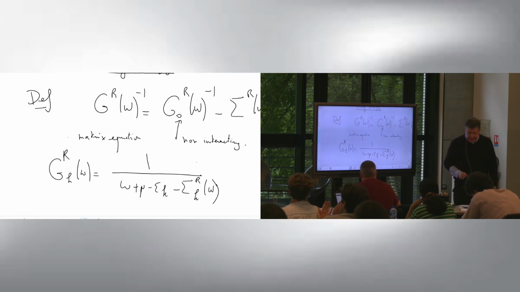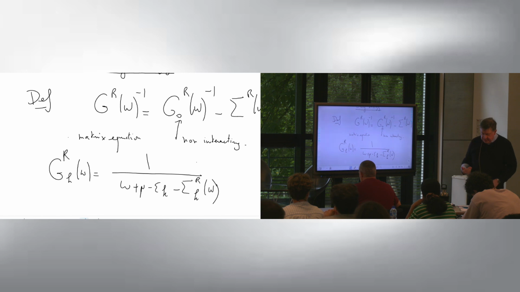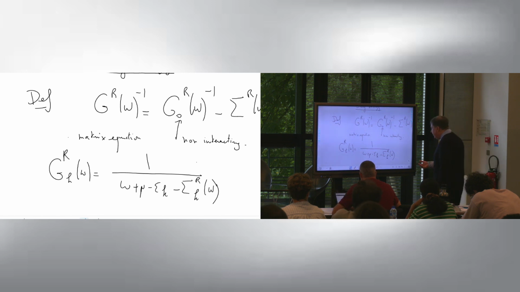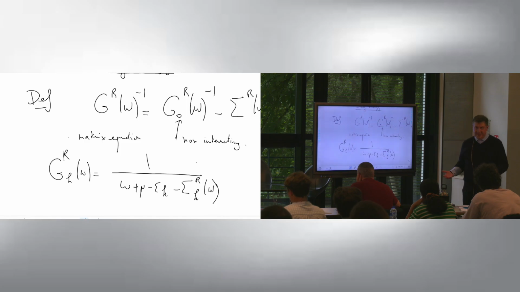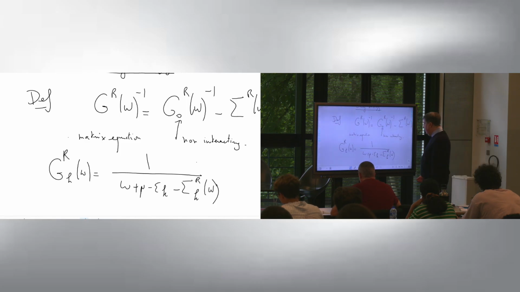And as I will explain in a second, this object is particularly well suited in a metal or in a Fermi liquid, where we are close to an independent electron problem. And it's not very well suited for insulators, where it's going to behave badly because the starting point is not correct.